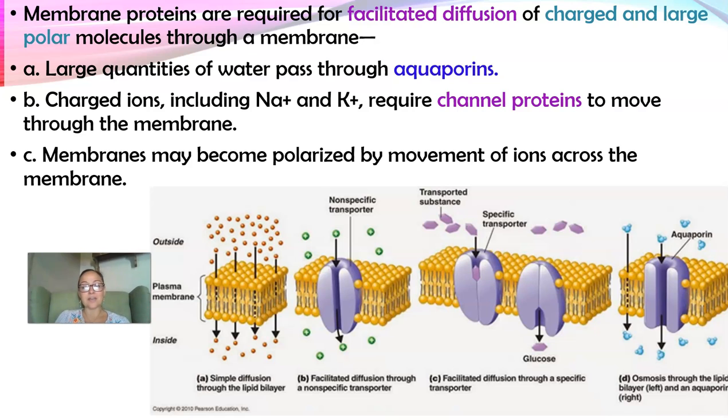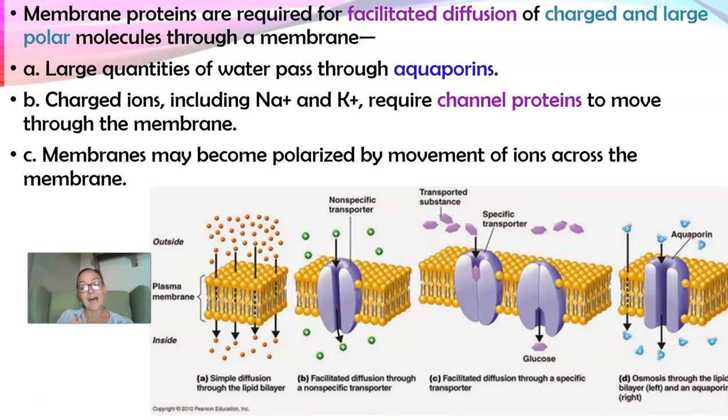And those protein channels allow for facilitated diffusion, which is still diffusion, moving from high concentration to low concentration without the use of energy. However, facilitate means to help. So here you have a protein channel that will help the process of diffusion.